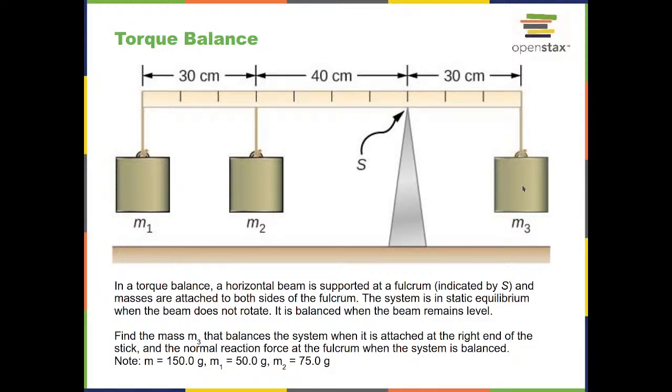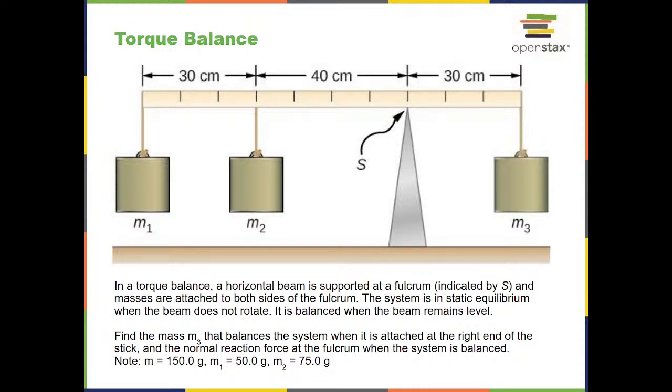And so you see that you have to put a larger mass 3 here than the sum of all of those masses. And that's because, of course, we're closer to the fulcrum. If we had a longer lever arm, then the torque would be the same for a smaller mass 3.